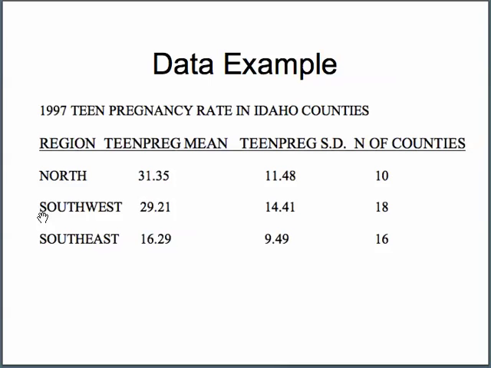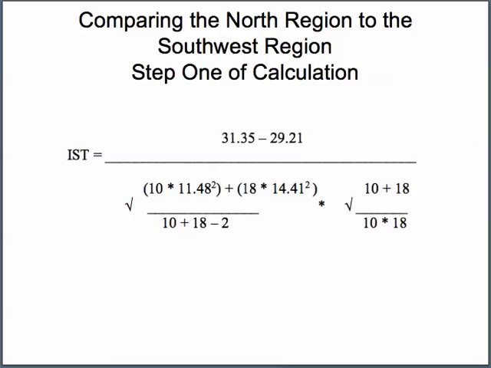In this comparison, we will call the North region sub 1 and the Southwest region sub 2. Thus, our first step is to get the information into the right parts of the formula. The formula has all the correct information in it. The mean teen pregnancy rate values are 31.35 for the North and 29.21 for the Southwest.